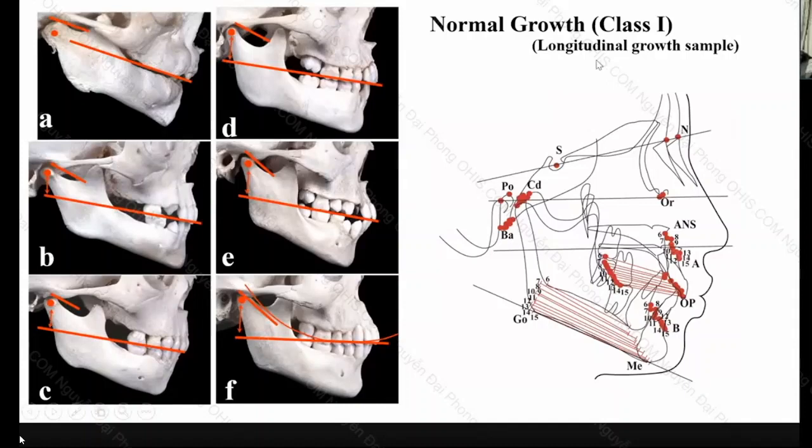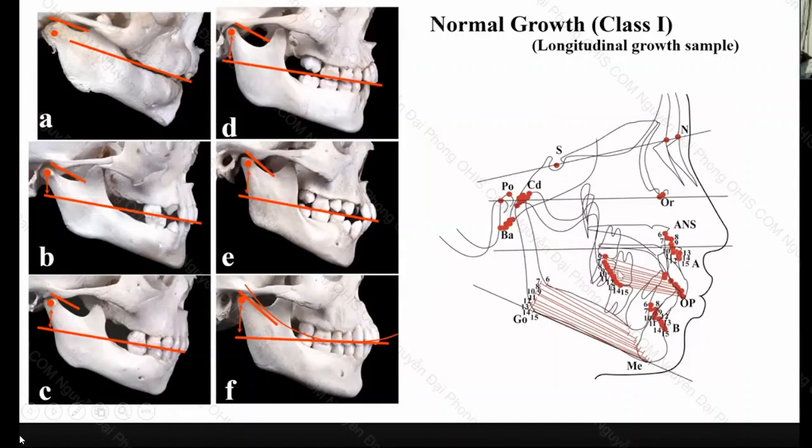Every year we took a cephalogram, then superimposed. Maybe you can see easily this occlusal plane, even in this normal growth sample.